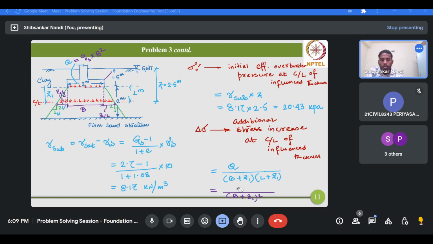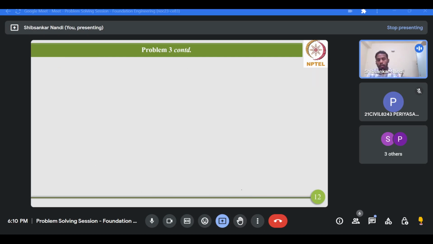So here we are substituting this Q as QS B square. Now, the fundamental task remains to calculate this QS, that is the gross shape bearing capacity. So again, we have to go for the calculation of gross shape bearing capacity.